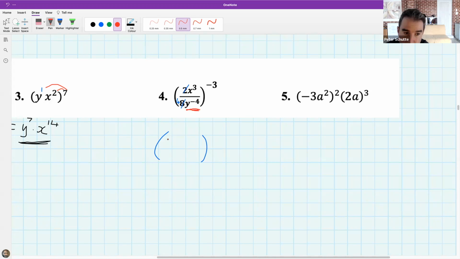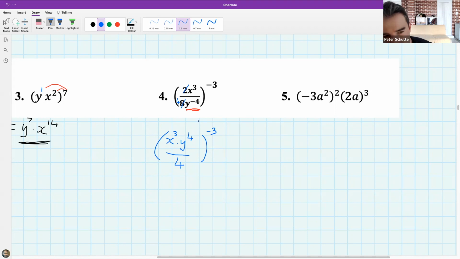And so I could rewrite this question as x to the 3 times y to the 4 over 4. And then this would be to the power of -3 on the outside.